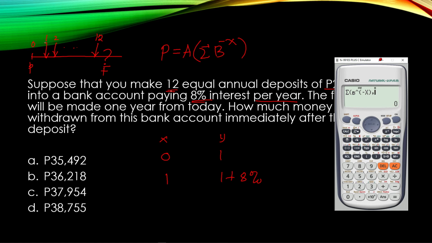Since ganito yung mangyayari, from 1 to 12, ito yung lower limit natin, ito yung upper limit natin. So from 1 to 12.